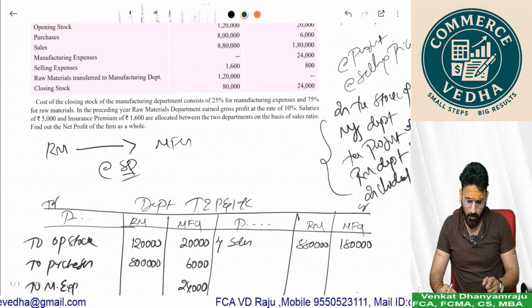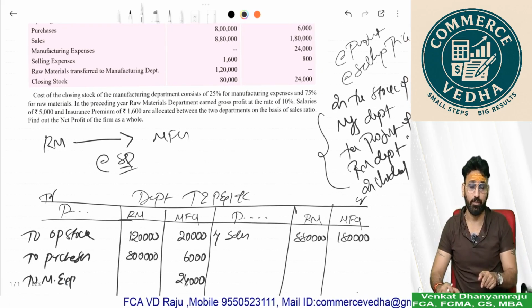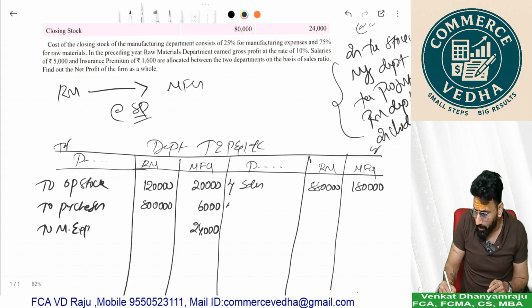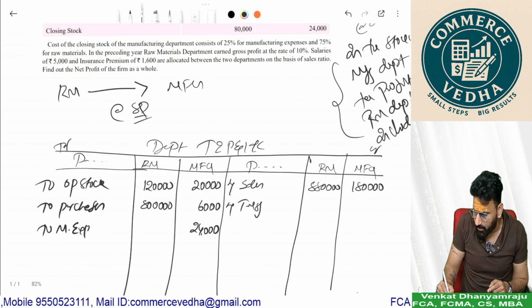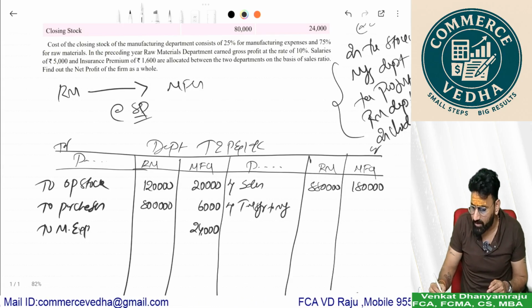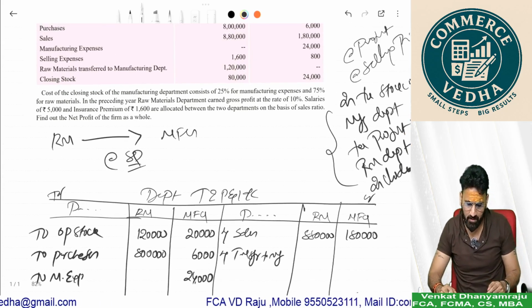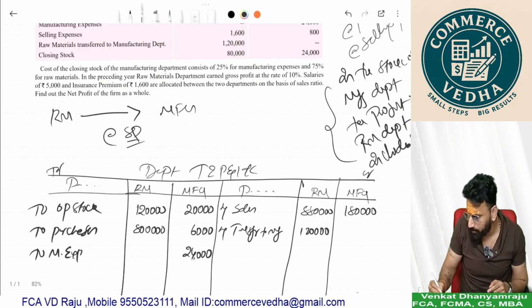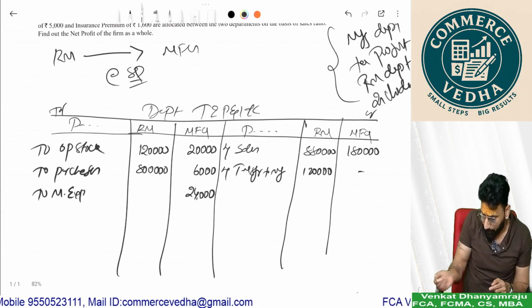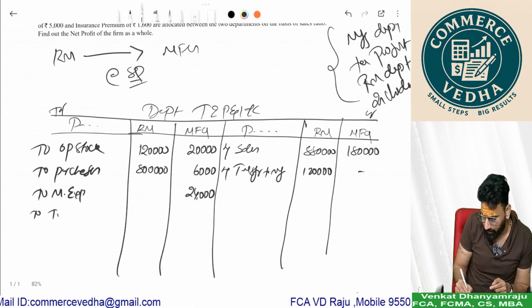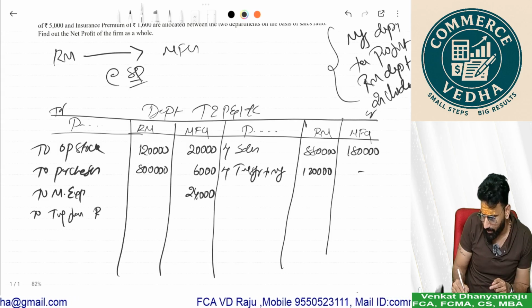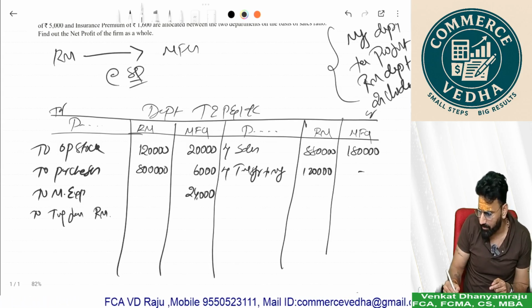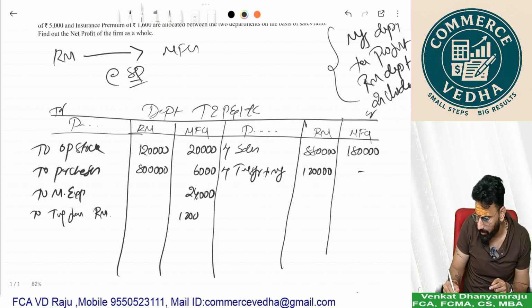Now comes raw material transfer to manufacturing. So this is a by transfer to manufacturing. This is a sale to which division? Raw material division, that is 1,20,000. And this is a purchase, transfer from the raw material division, purchase for manufacturing, which is 120.